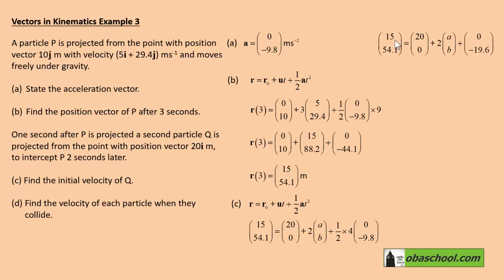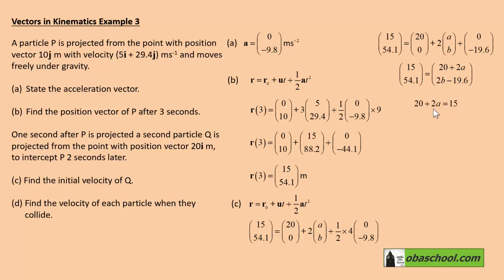So 15, 54.1 is going to be 20, 0 plus 2a, 2b plus 0, negative 19.6. So 15 is going to be equal to 20 plus 2a, and 54.1 is going to be 2b minus 19.6.